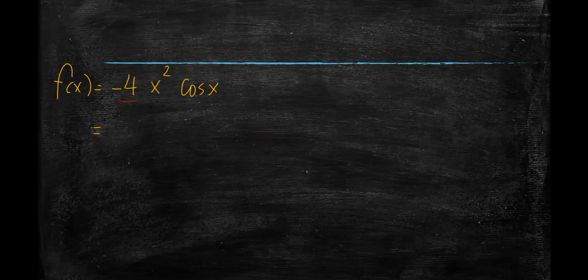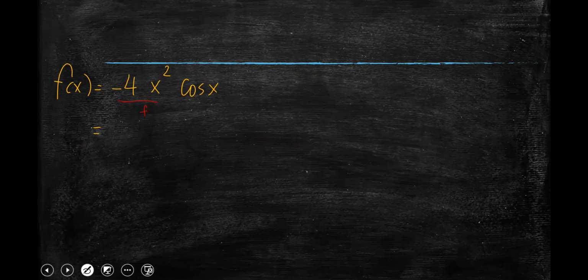Let's say that this is f and this is g. So if f is negative 4x squared, f prime will be negative 4 times 2, negative 8x. Now, if g is cosine x, g prime will be negative sine x.